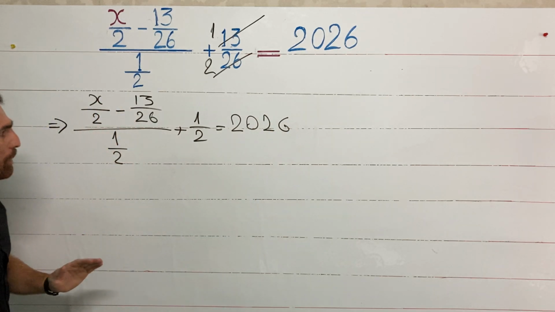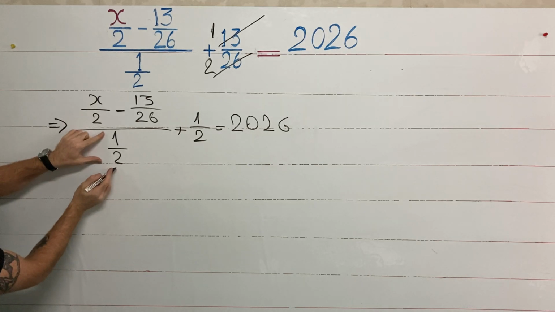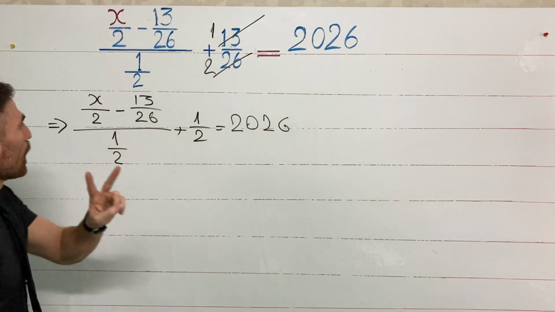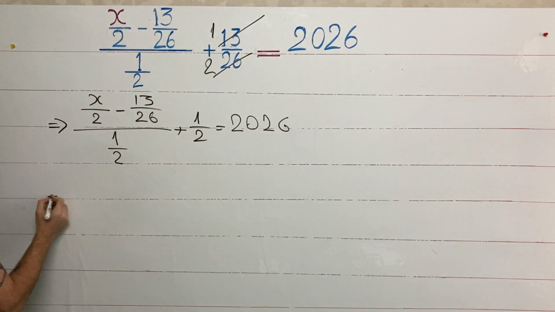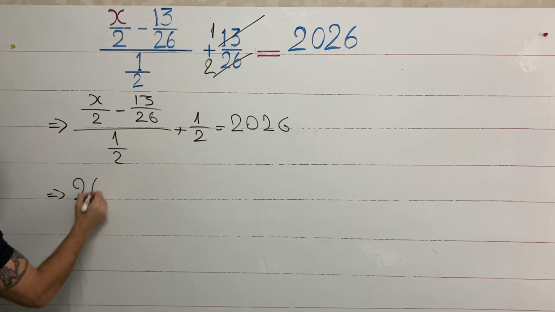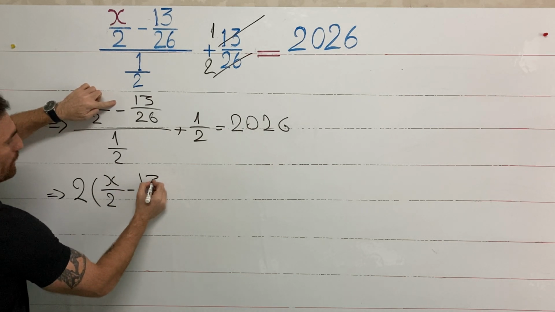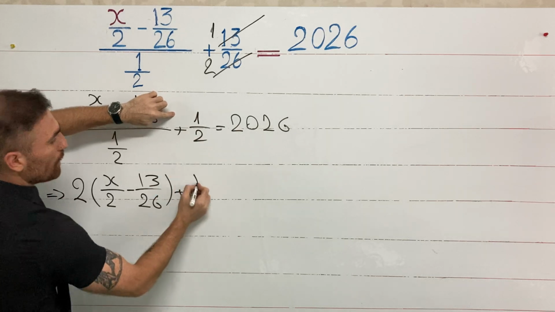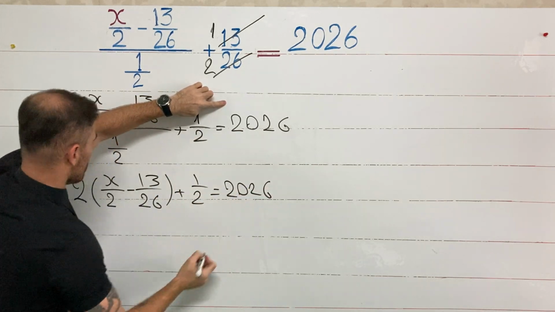26. In this moment, I'm going to work on this fraction. Dividing by 1 over 2 is same as multiplying by 2. So I'm going to multiply this part by 2. It is going to be, let me write here, 2 times x over 2 minus 13 over 26 plus 1 over 2 equals 26.